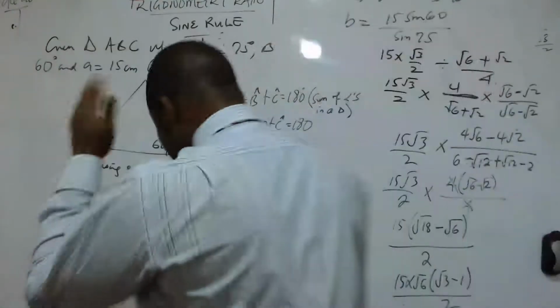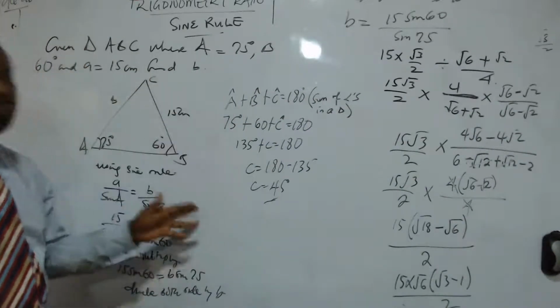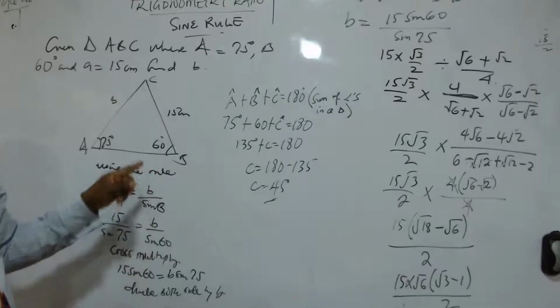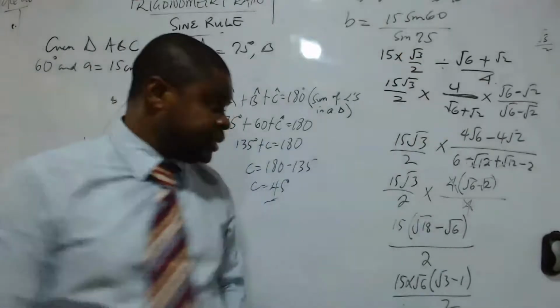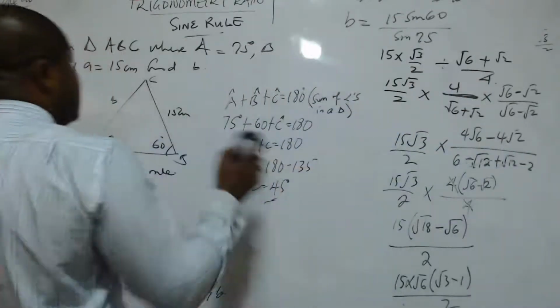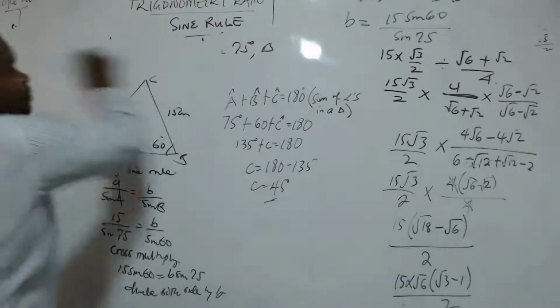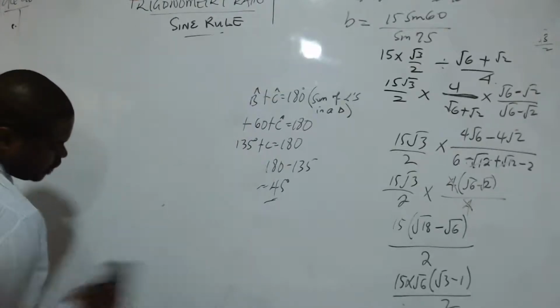Having known this, what are we expected to do? Now let's see the next one we're going to do before we go to the cosine rule. It's called special angles. We are expected to know all these, though we've done that at the earlier stage of the class.